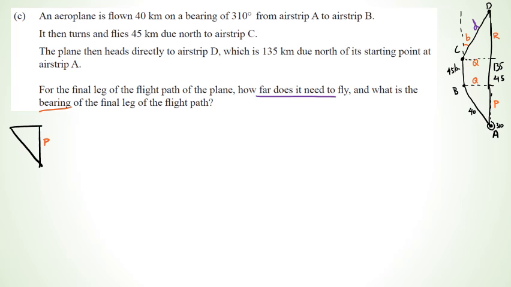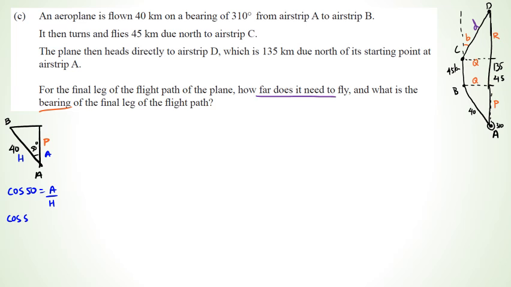and then I've got my 2 points, which is basically A and B, where this is 40, and because it's 310 as a bearing, that there is going to be 50 degrees. So I can figure out what P is because I'm using SOHCAHTOA, and I've got hypotenuse and adjacent. So cos 50 equals adjacent over hypotenuse.